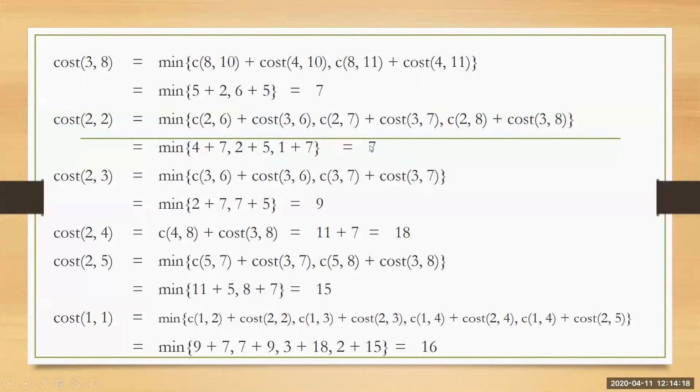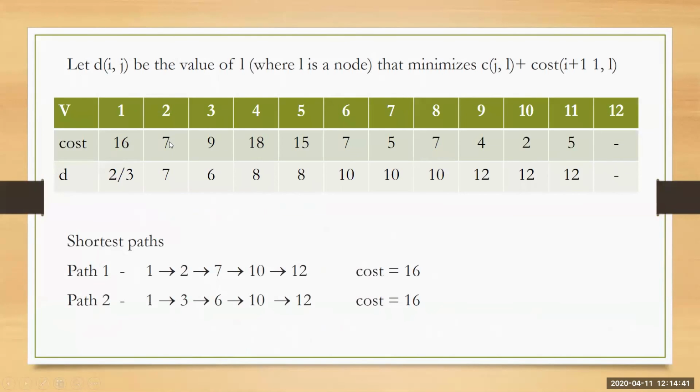The minimum is 7. 7 you got for the middle one, and the middle one's destination is 7. You're reaching from 2 to 7. Therefore, while entering the cost of 2, you will enter the cost as 7, and the destination is also 7. Look at this, cost of 2 is 7 and the destination is also 7.